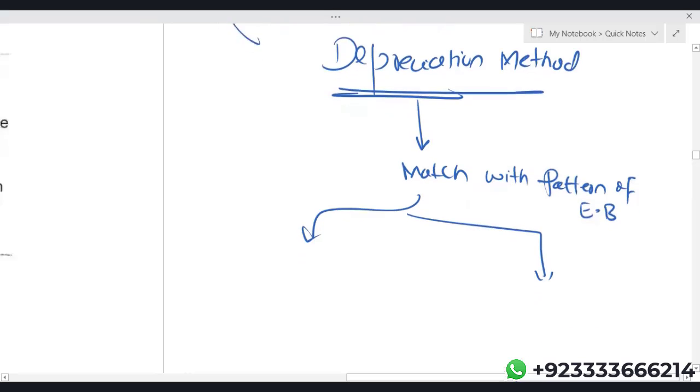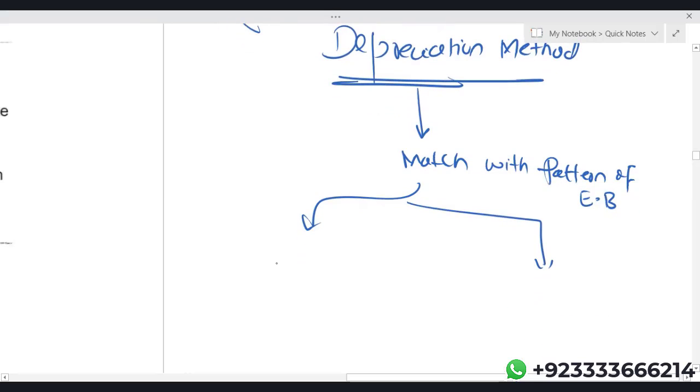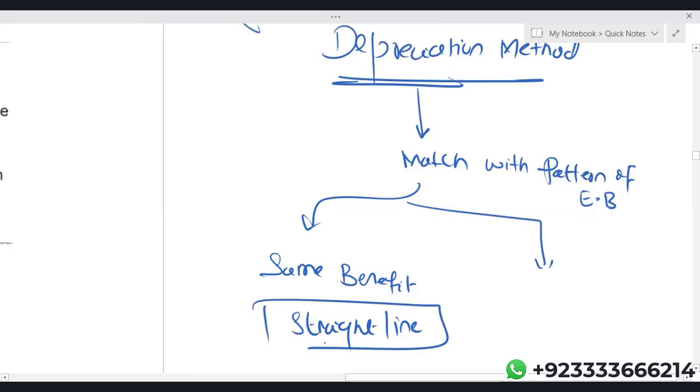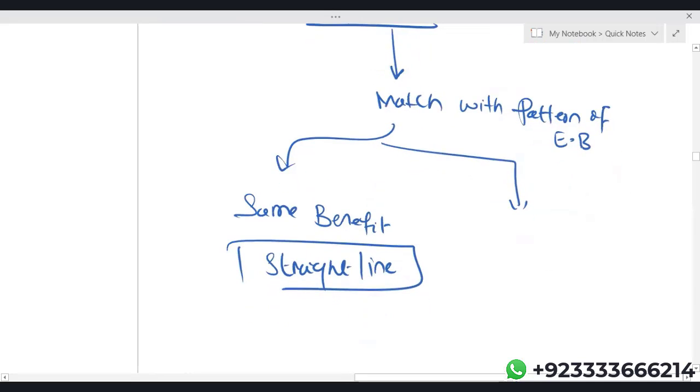For example, by using the asset, assuming more or less we are getting the same benefit, go for the straight line method. But if, when the asset is new, the company gets more benefit, and later on the company is going to get reduced benefit.